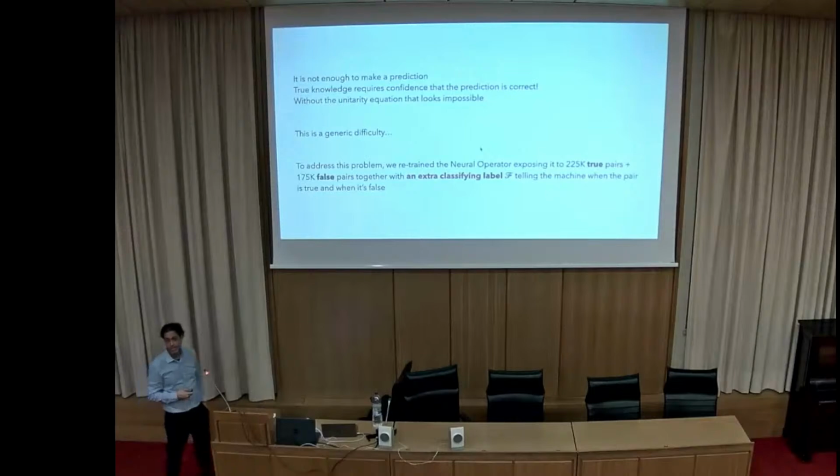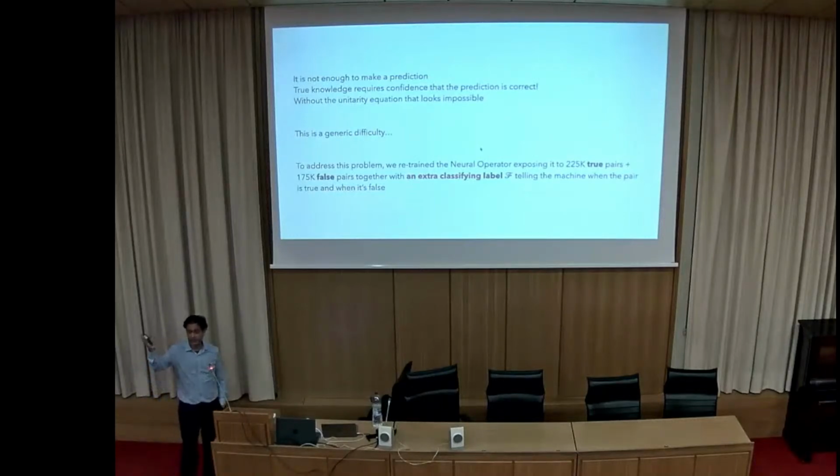Sorry, but binary or almost correct? Here during training it is 0 or 1. Obviously, when it makes predictions now, it will spit out a label, and that label is going to be some number. It doesn't even have to be between 0 and 1. This is how we set it up. We would hope that a value of this parameter F close to 1 means that it thinks it's a correct solution, so I should trust it.